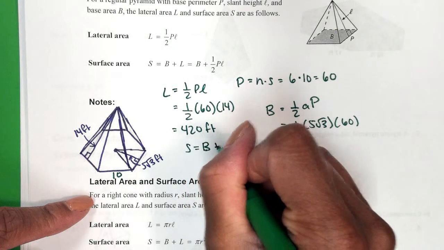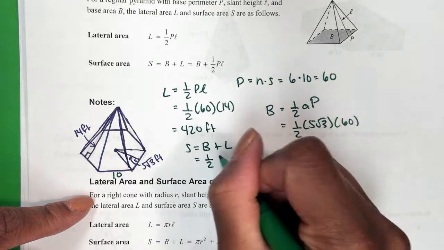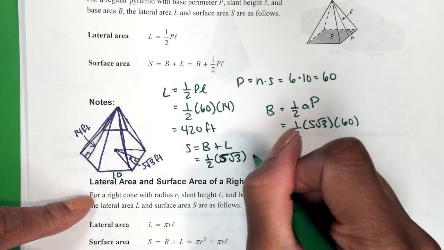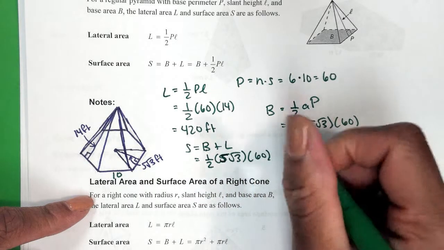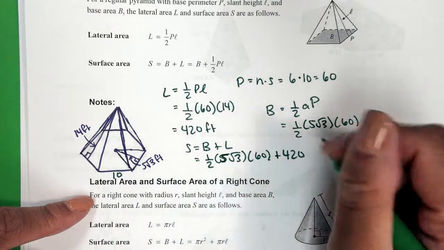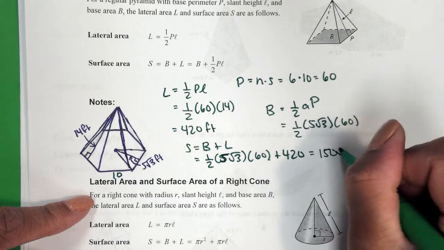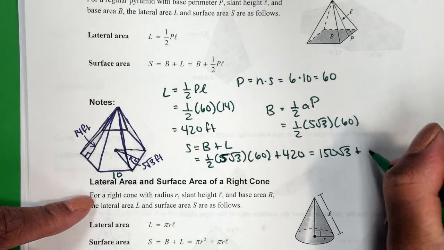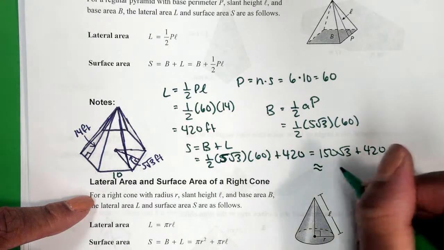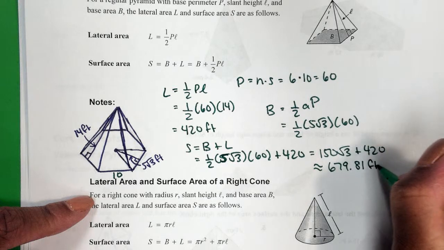I have B plus L, and B is 1/2 times 5 square root of 3 times 60, added to 420. You can plug this into your calculator. If you want to simplify, you end up with 150 square root of 3 plus 420. As a decimal, you end up with 679.81 feet squared.